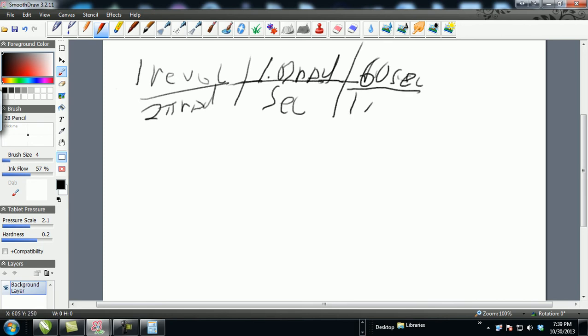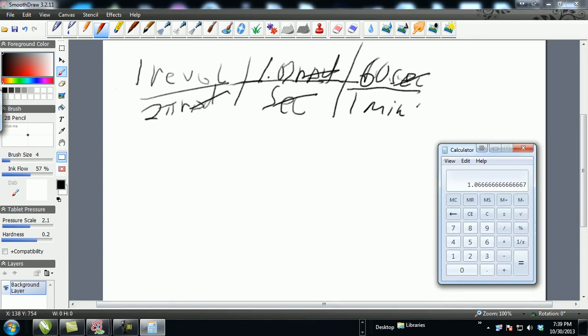So, bam, bam, bam, bam, I'm left with what? Revolutions per minute. So we're going to take 60 on top times 1.07, and I'm going to divide by 6.28.